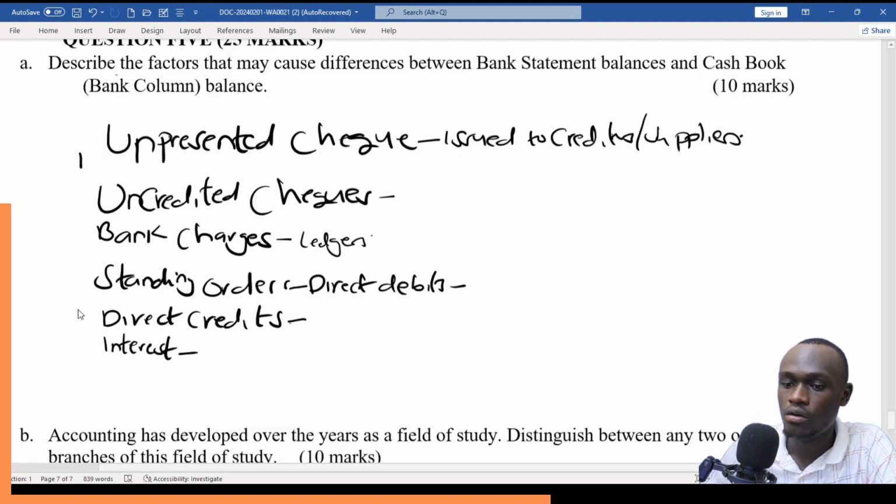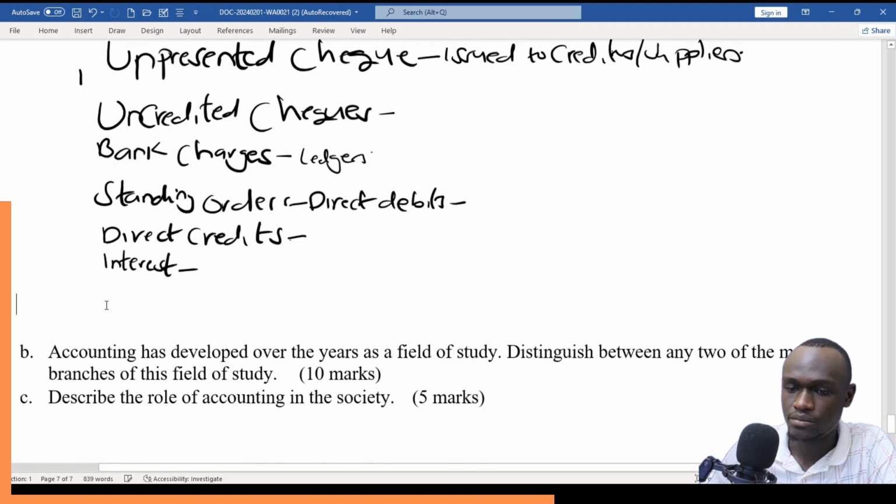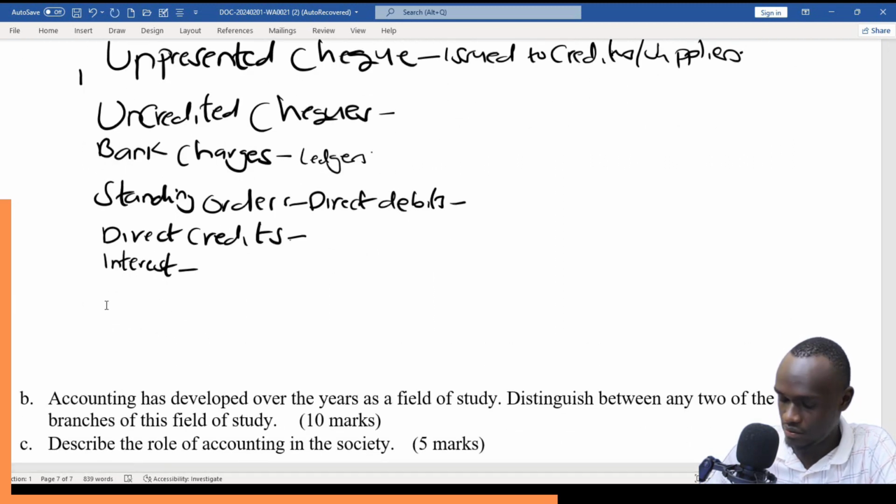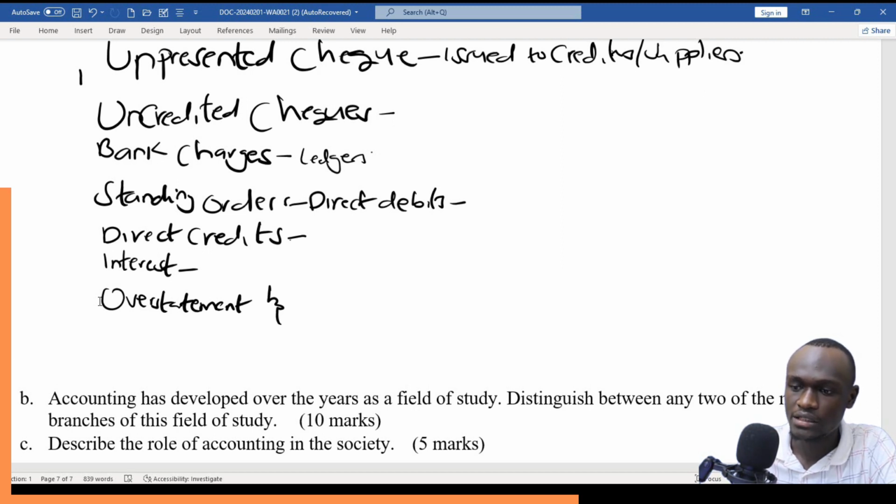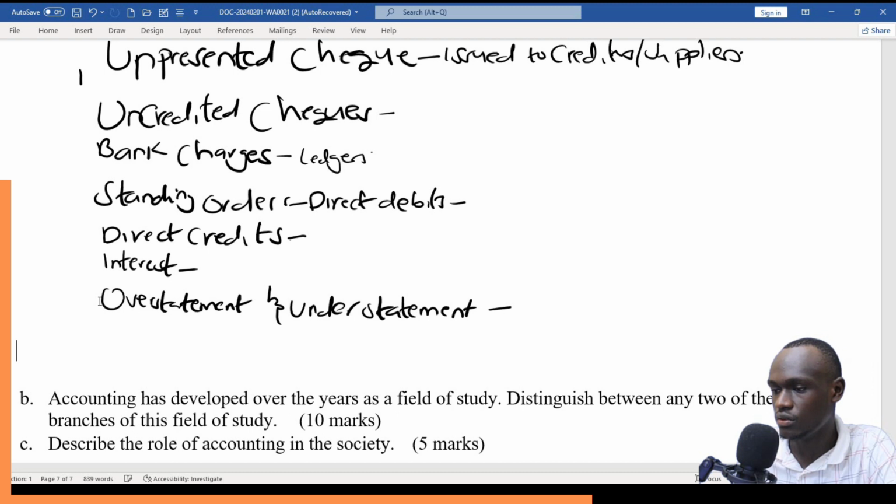And we also have the errors made when entering and recording transactions in the cash book. The errors may be overstatements and understatements, overstating and understating of receipts and payments.